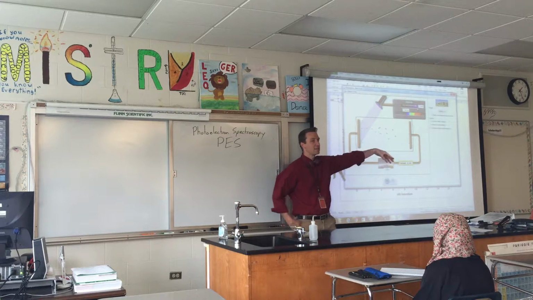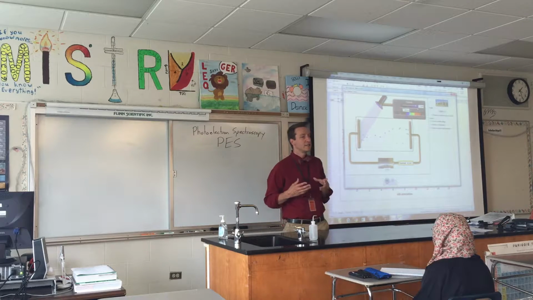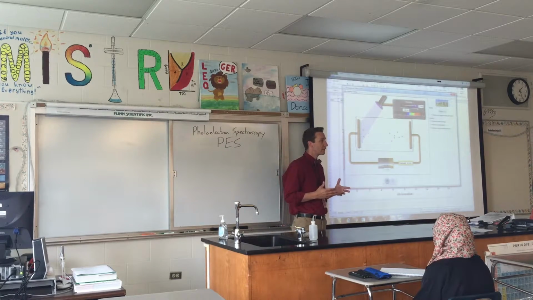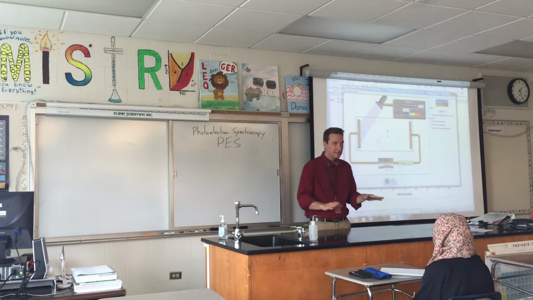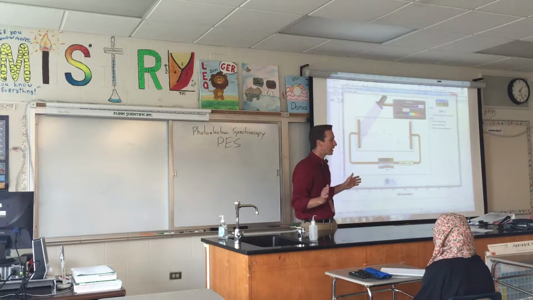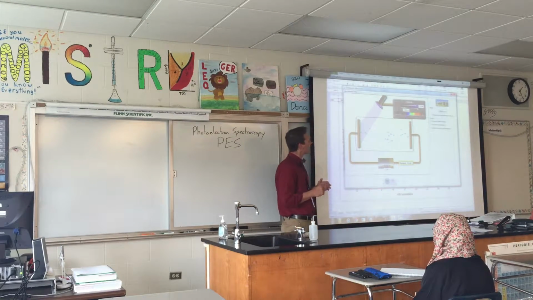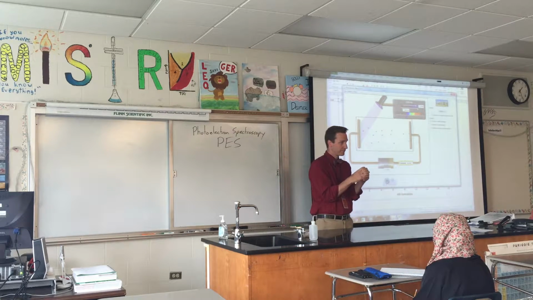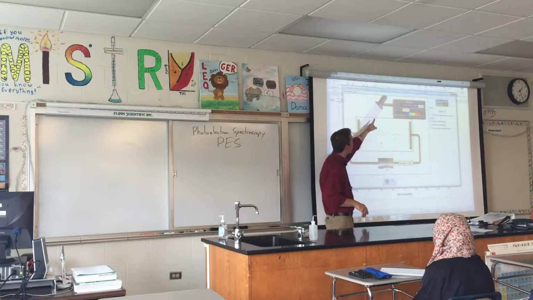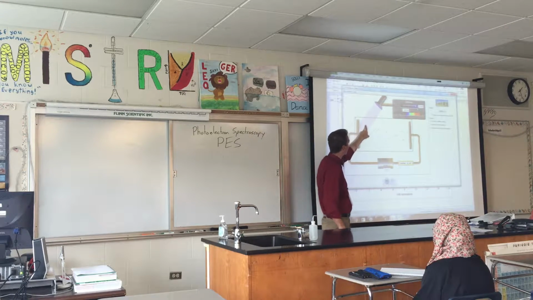And his explanation for that, part of it was to change our understanding of what light is. Instead of viewing light as waves, like had been done for hundreds of years since Newton's time, he actually visualized light as little packets of energy. We call them photons. And he's saying that the photons from this light source are coming in there, interacting with the atoms in this sample right here.